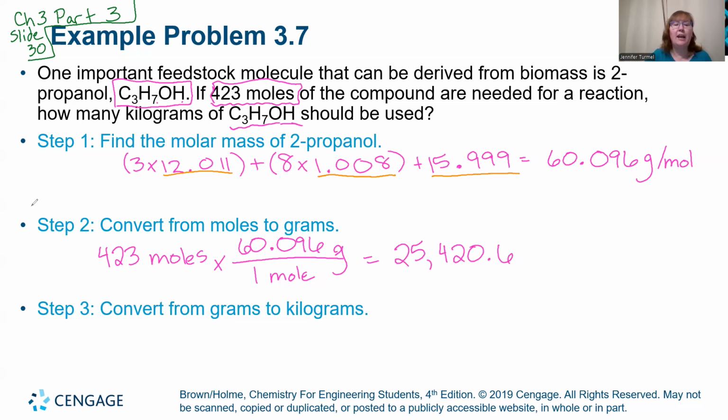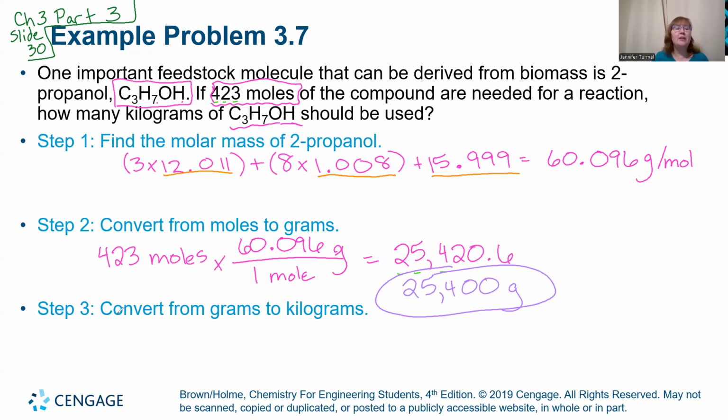And since here we have 1, 2, 3 in our 423, we can have 1, 2, 3 in our significant figures here. And so what that means is that we have 25,400 grams to make. Okay, that's a lot to calculate.